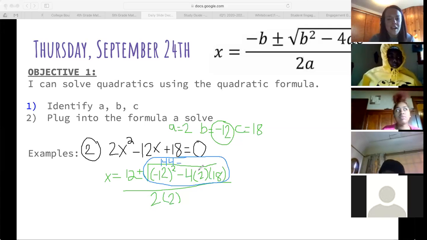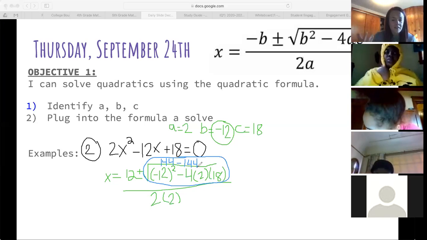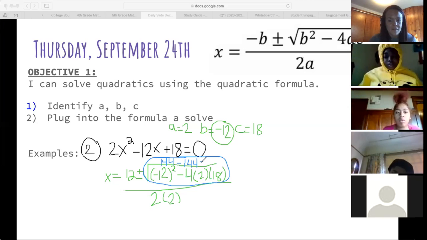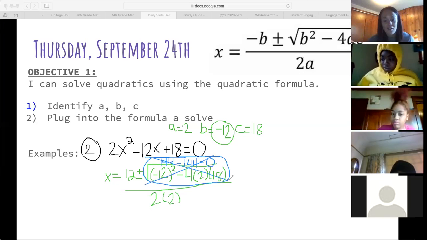Yay, okay, so 4 times 2 times 18, if you got that, is 144. So look what happens inside the square root. 144 minus 144 is 0. It's nothing. So that means that we don't have a square root, and the square root cancels. So this whole bad boy, all that work we just did, I don't want to say it's for nothing, but it's nothing. So we don't have a square root anymore, and we don't have this plus or minus anymore.